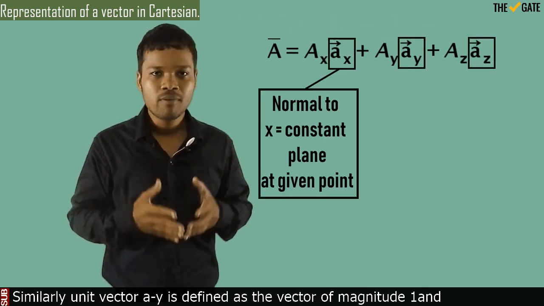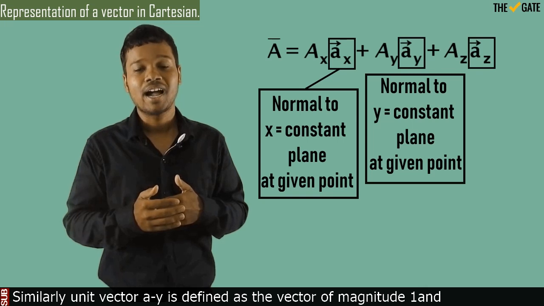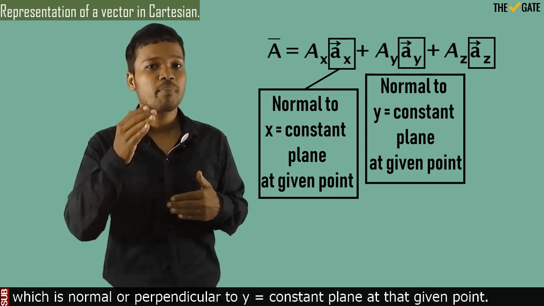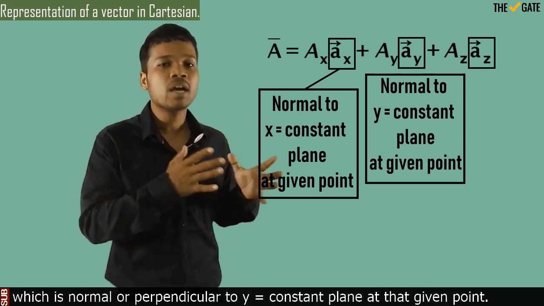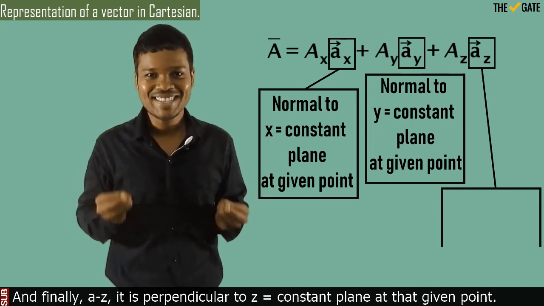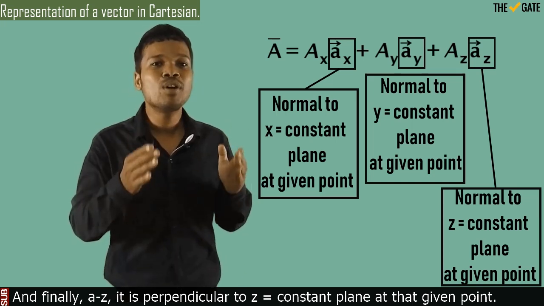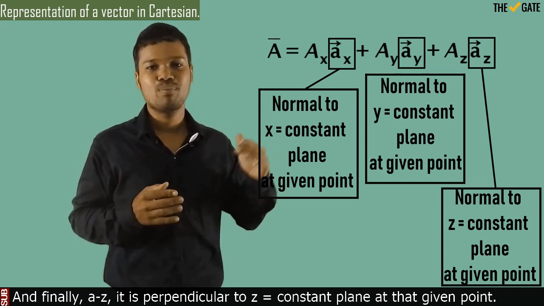Similarly, unit vector ay is defined as the vector of magnitude 1 and which is normal or perpendicular to y equal to constant plane at that given point. And finally, az is perpendicular to z equal to constant plane at that given point.